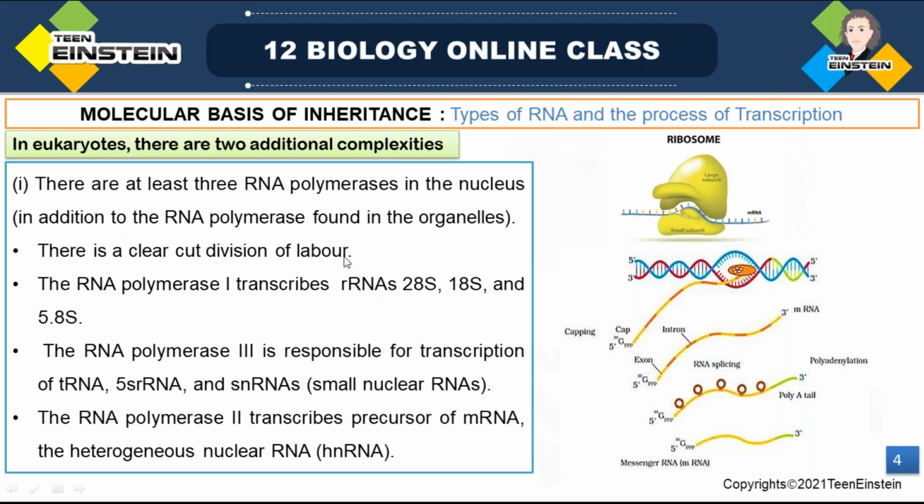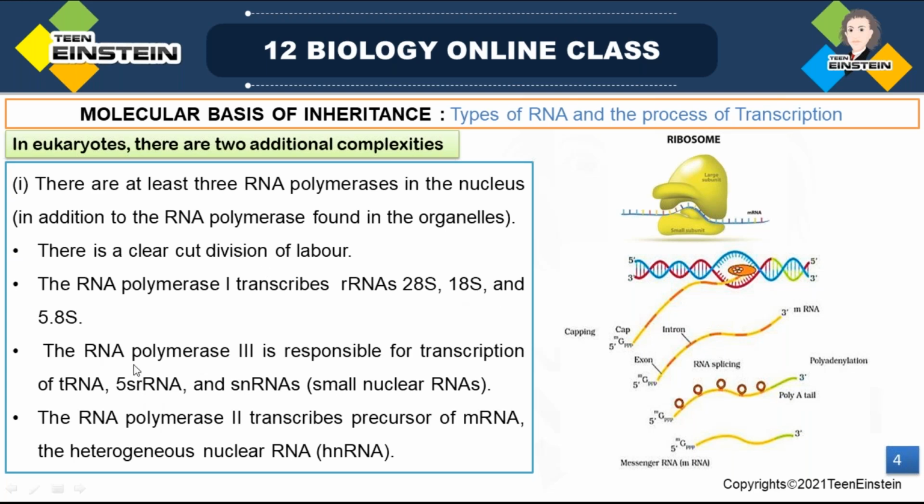This is in addition to the RNA polymerase found in the organelles. So there is a clear division of labor among these different RNA polymerases. RNA polymerase 1 transcribes rRNA 28S, 18S, and 5.8S.